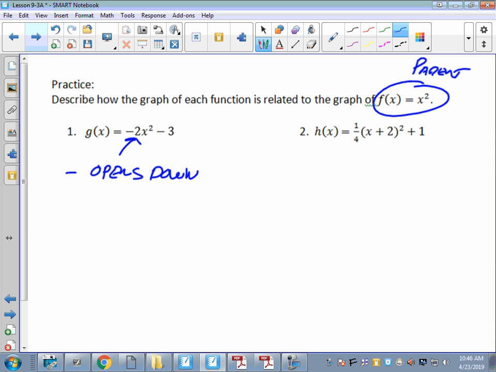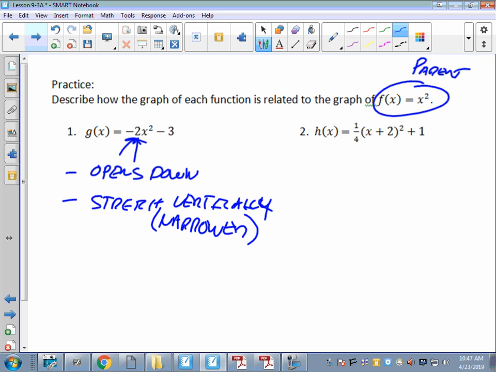Because your a value is greater than 1 in absolute value, that means it's going to stretch vertically, or become more narrow, than the parent function, because everything you're doing is comparing to the parent function.